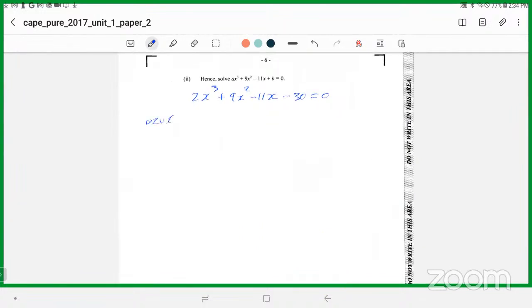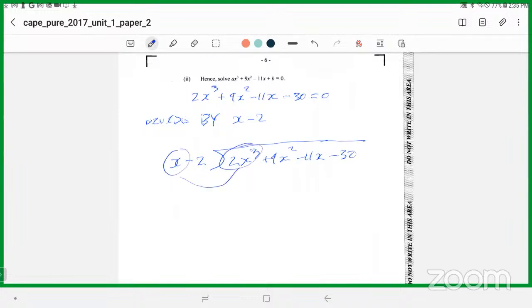Divide by x minus 2. Long division. x minus 2 into 2x cubed plus 9x squared minus 11x minus 30. This divided by this is 2x squared. 2x squared times these becomes 2x cubed minus 4x squared.